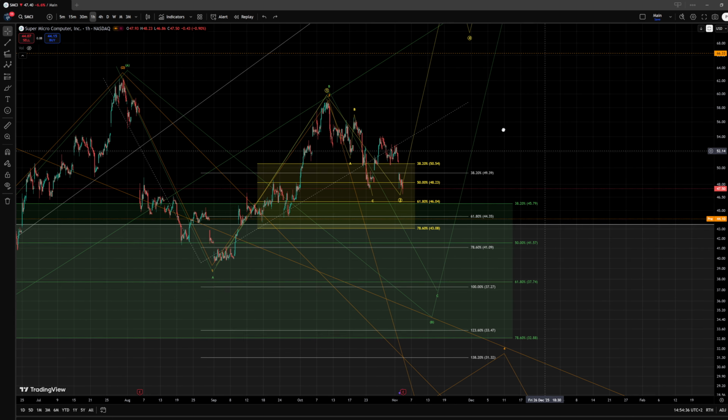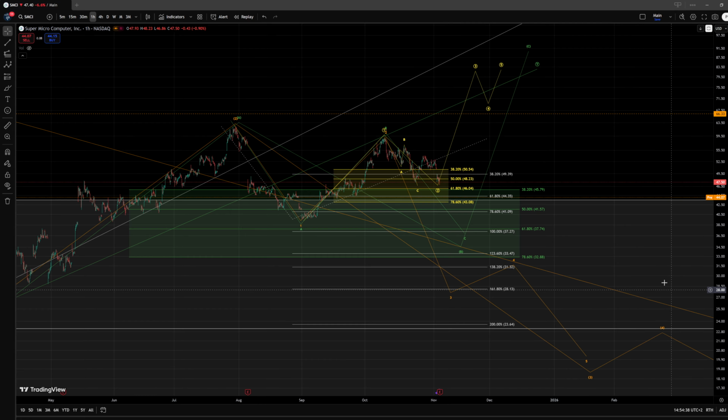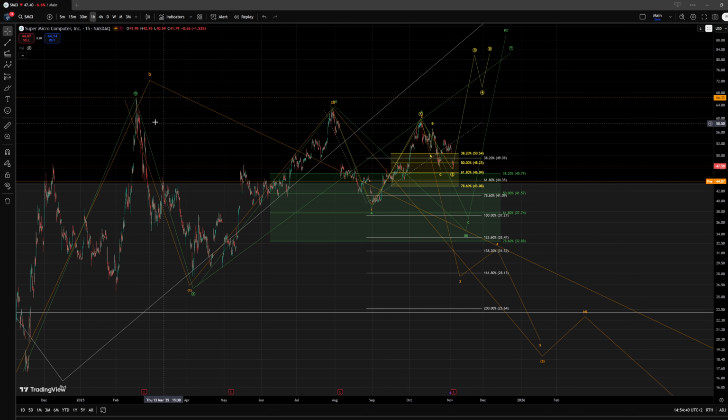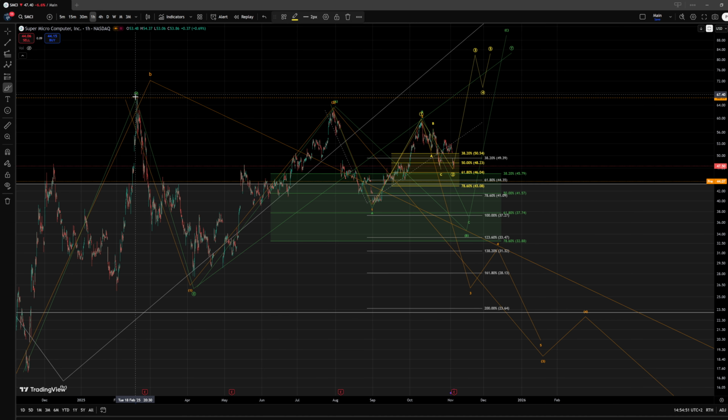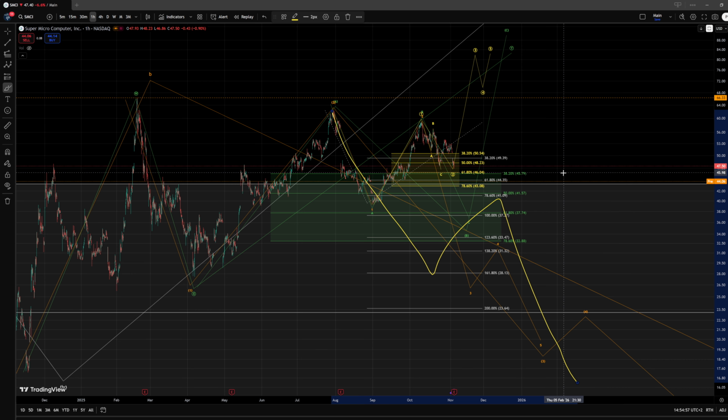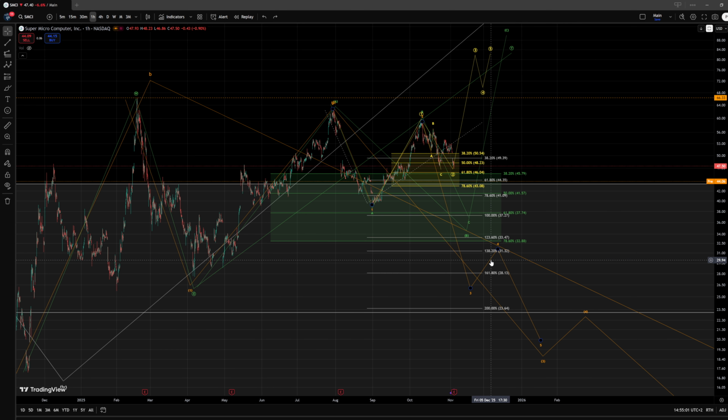But I also want to point out, don't forget, we are also looking for a possibility of this orange interpretation to work out. Now, this is likely not going to work out within an impulse to the downside. We do have pretty much a three-wave structure here, so we should probably expect something like an ABC to unfold within this wave 3 in orange in the larger pattern.